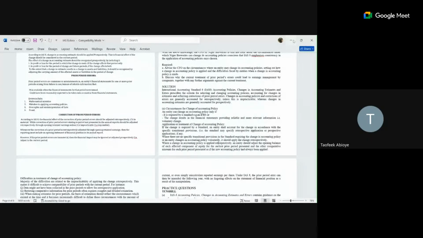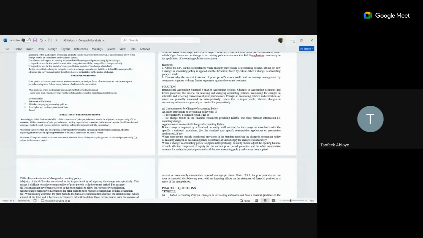Now, at what value should a non-current asset held for sale be recognized? What is the carrying value of a non-current asset for sale? From our previous class, is there anyone that can remind us about that? 20 million naira. So what is that 20 million? Is it a carrying value? Is it a fair value less cost to sell, or is it the lower of something? Yes, it's a carrying value from the question.